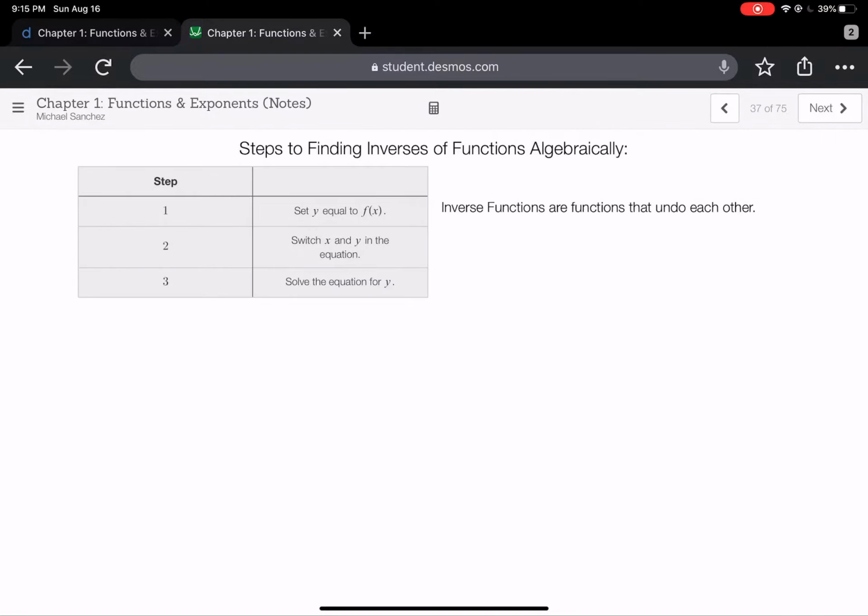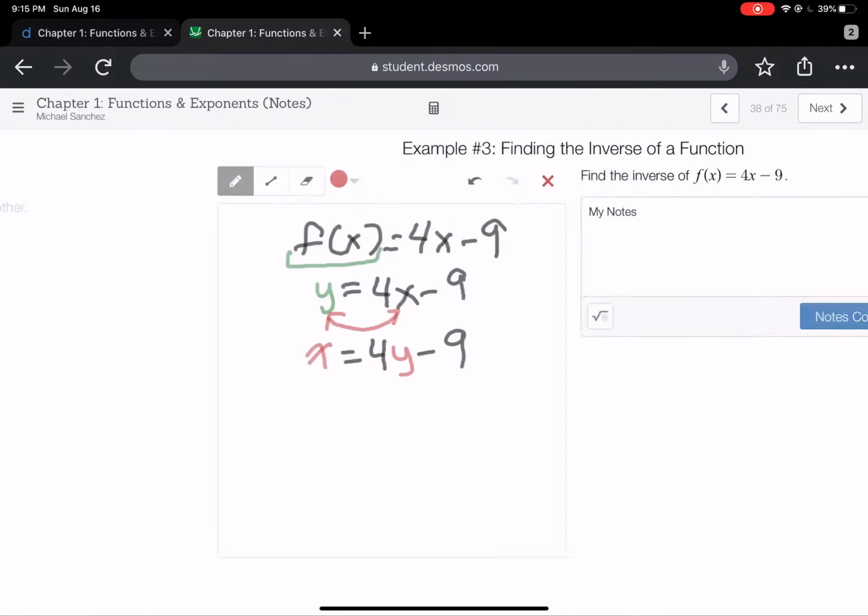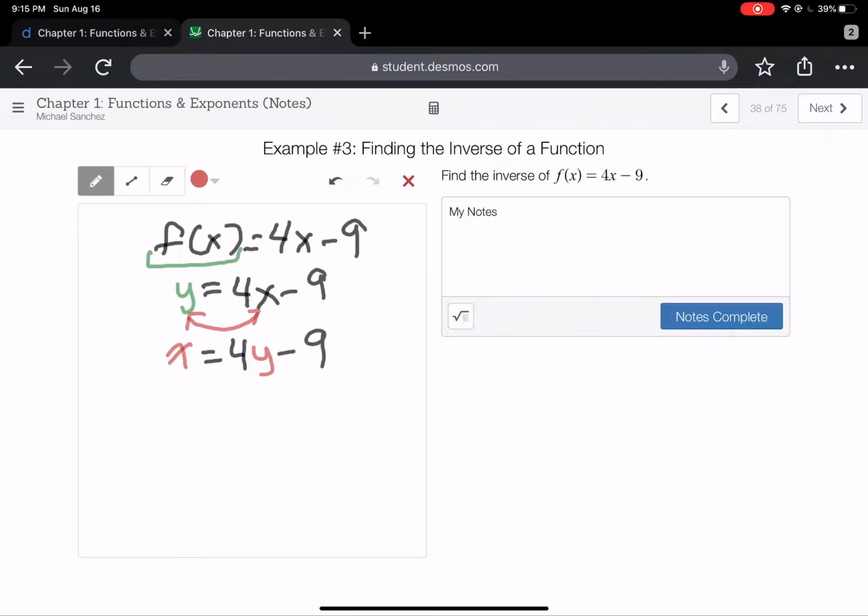Okay, next up, I have to solve the equation for y. So I'm going to do what I did in the other problem, where this time I am solving for y. I'm going to add 9, getting rid of the subtraction by adding the 9 to both sides. I can't add x and 9, so I just write them next to each other.